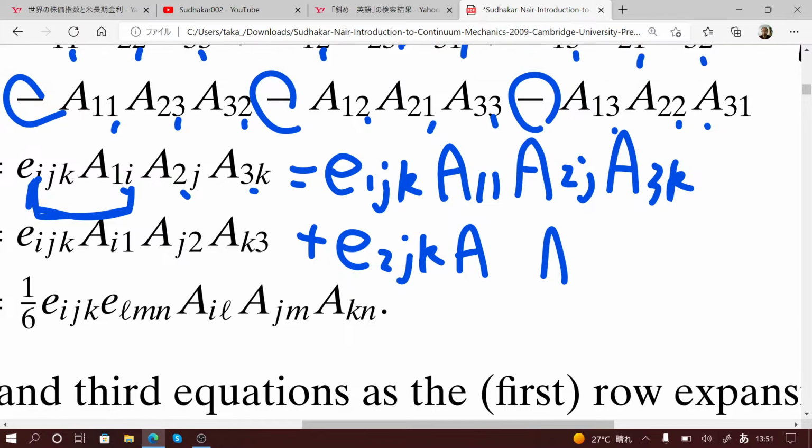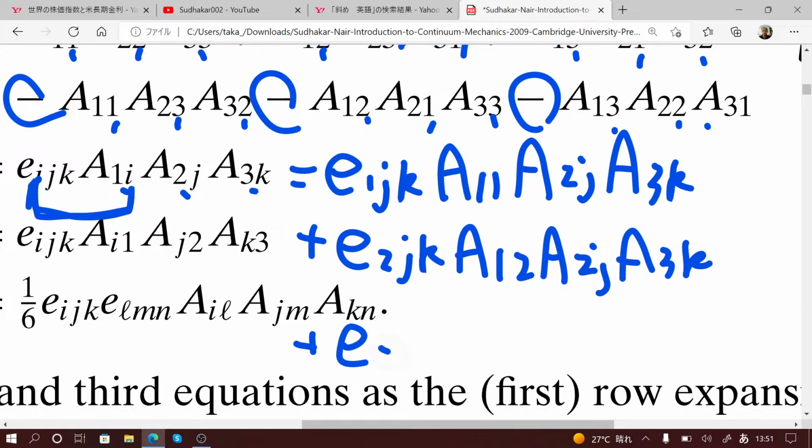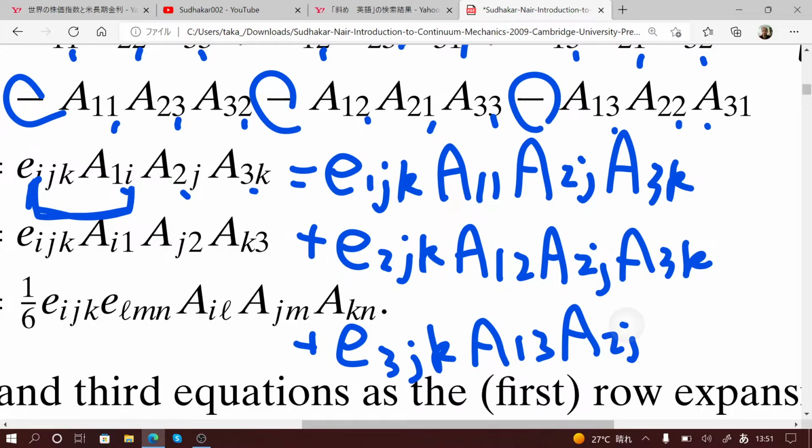So this is epsilon_{1jk} A_{1i}... A_{2j} A_{3k}, correct? So then plus epsilon_{3jk} A_{13} A_{2j} A_{3k}, correct?